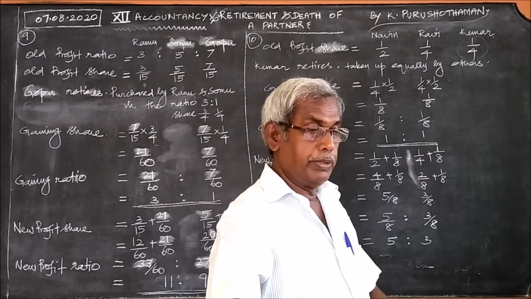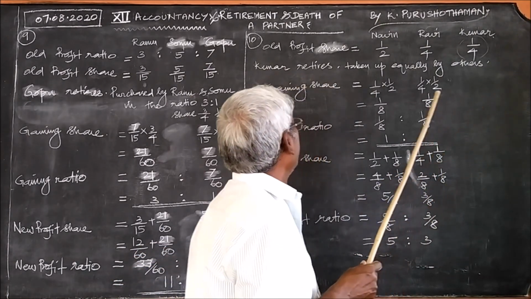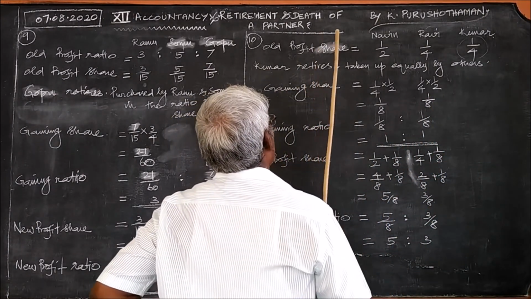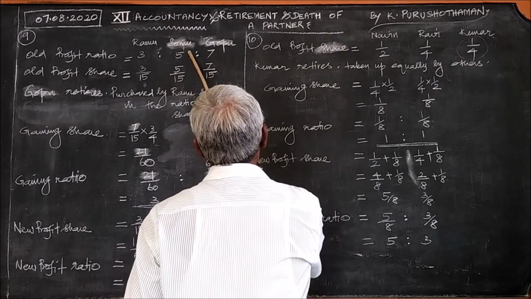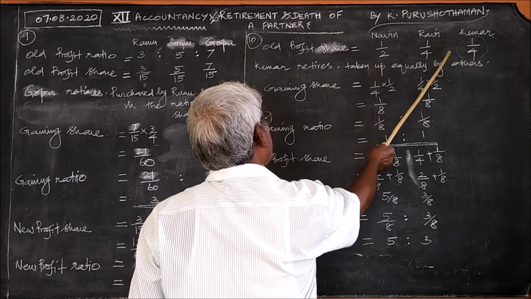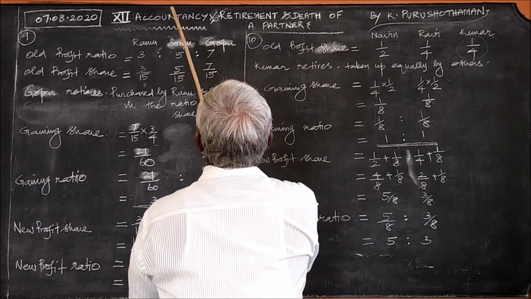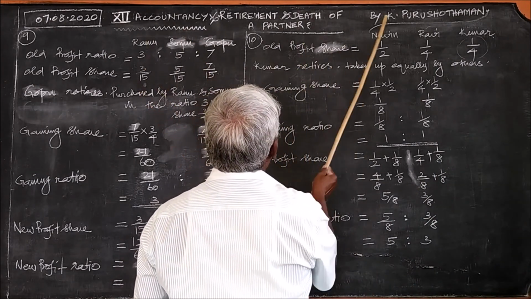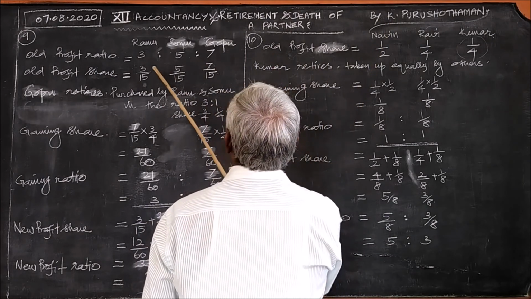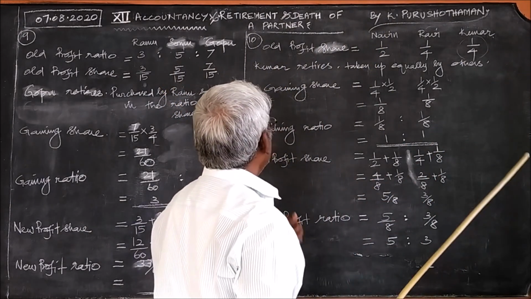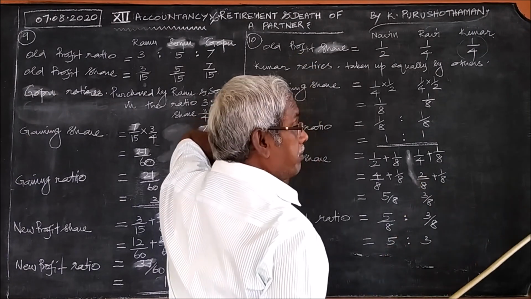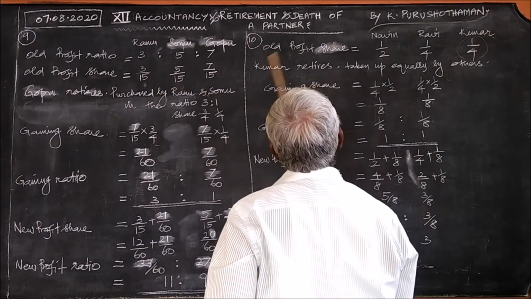Once again, I repeat it. Here, instead of giving the old profit as a ratio, the share itself is given in the problem. So we can write old profit share instead of writing ratio. Since the share is given, we can go straight to this step. Who is retiring out of these 3 partners? Kumar is retiring.